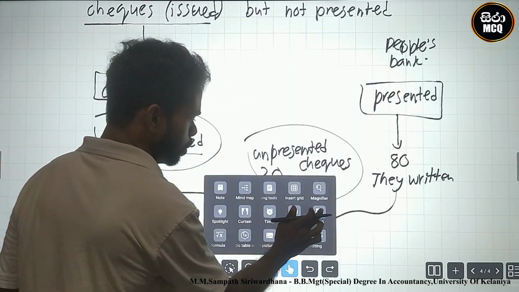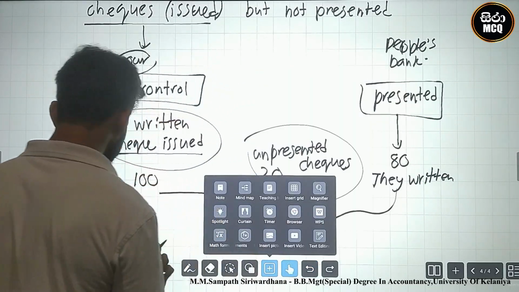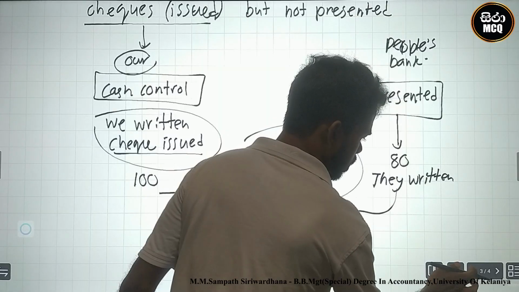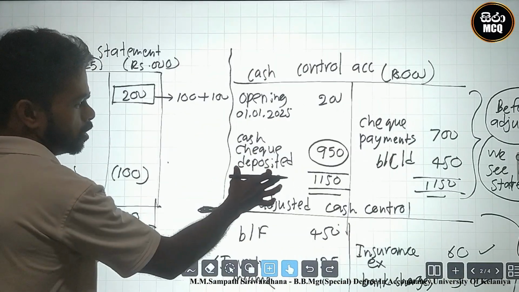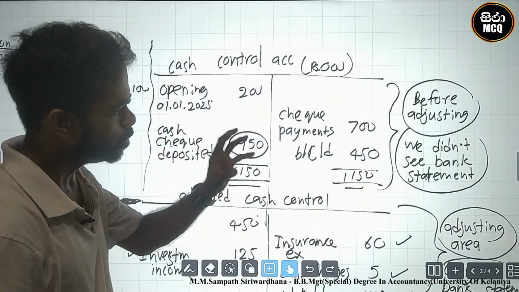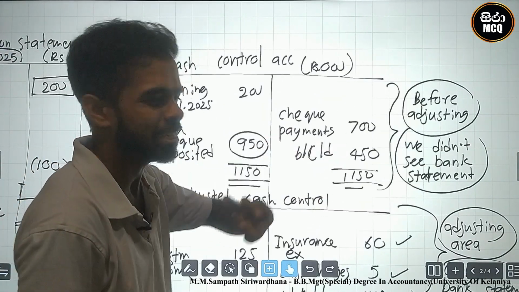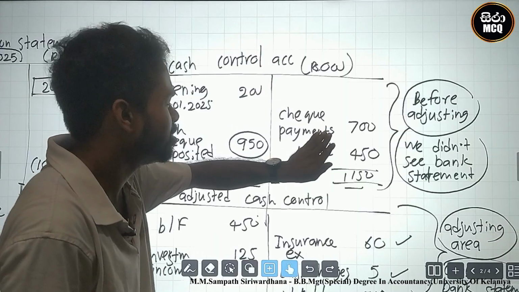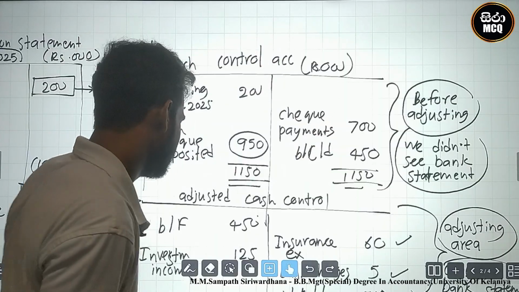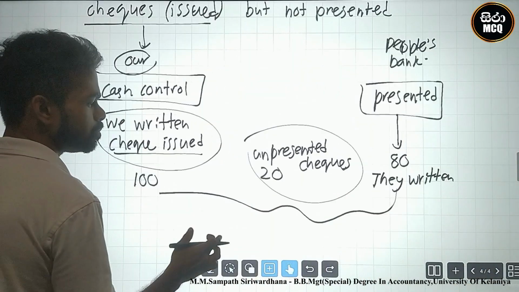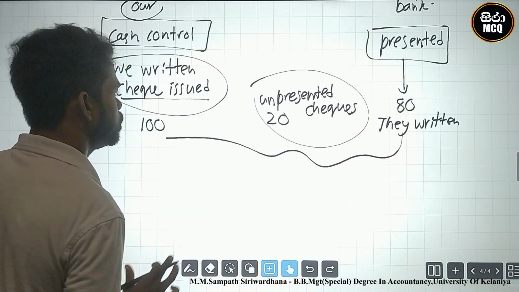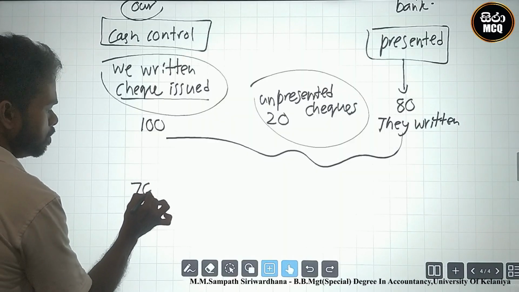Okay, let's go to our issued checks. What is this? Look here, our issued checks. Check issuing means check payments of 700 in our account, the cash control account. Therefore, I identify 700 payments. This is the actual figure. 700 we have written.